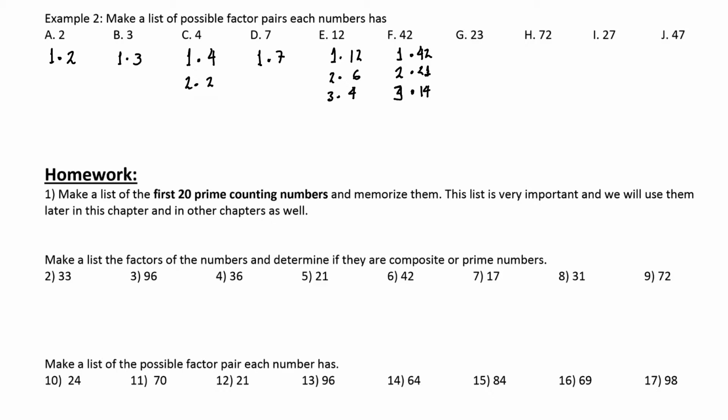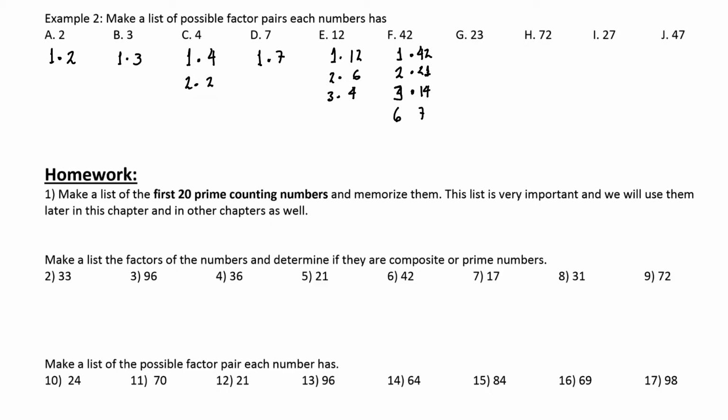It looks like we're going to have to do 4. Actually, I don't think 4 works in this case. Okay, 5 doesn't work, but 6 does, and you're going to get 6 times 7.